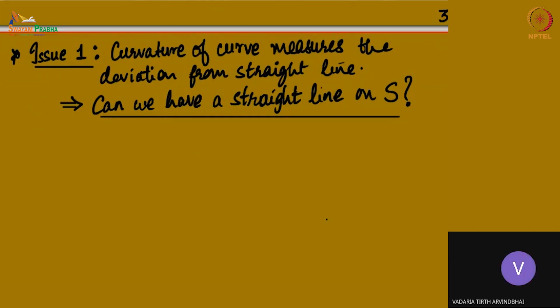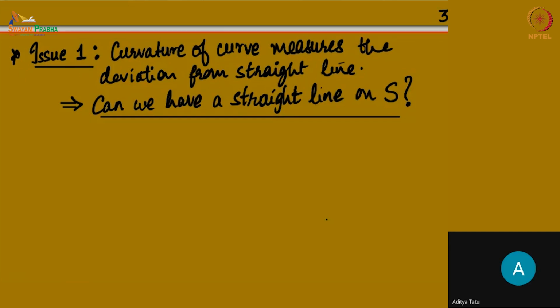Okay, so what I'm trying to say is this: this method to study curvature of a surface at a point is to use curvature of all curves that pass through this point, and these curves entirely lie on the surface. In order to do that, there is one issue that will arise.